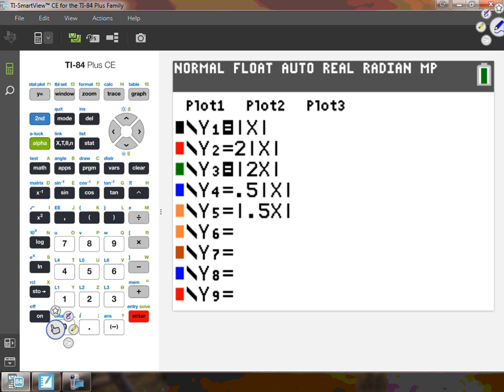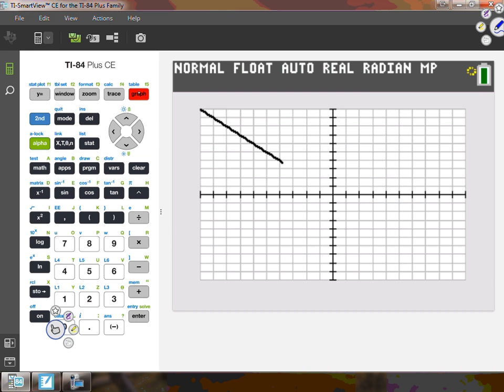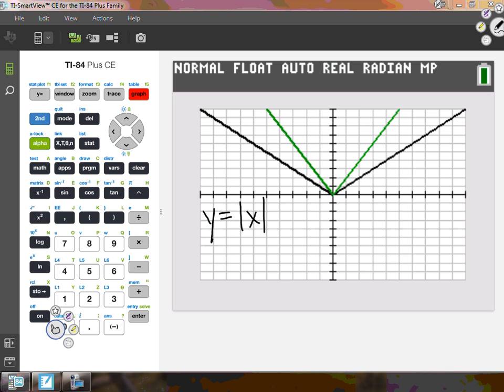While this graph might look the same as the red one, I want you to focus on how it's affecting the x's, how it's affecting the input versus affecting the output. Okay, let's go ahead and hit graph. There's the original, and there is the new one. We have the absolute value of x versus y equals the absolute value of 2x.